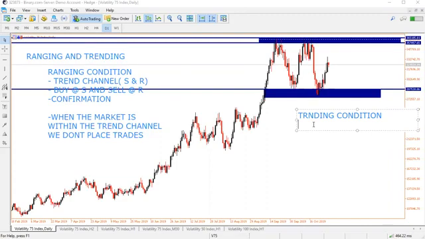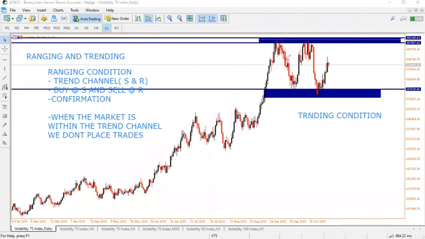You get that? Because right now it's ranging on the daily time frame. If we move to the lower time frames, this is a trend, guys. This is a serious trend here.